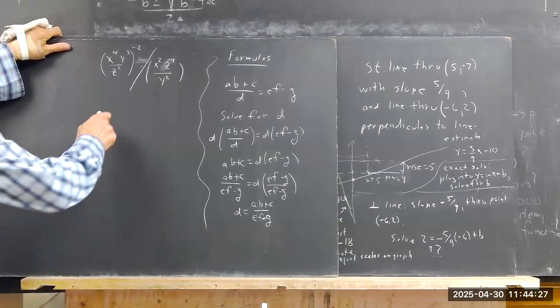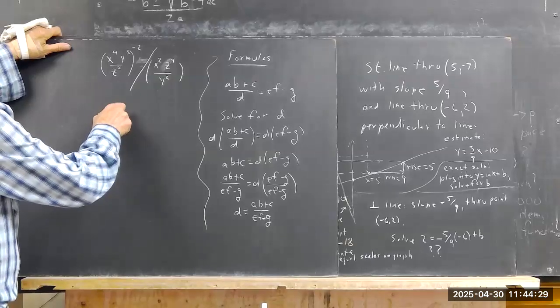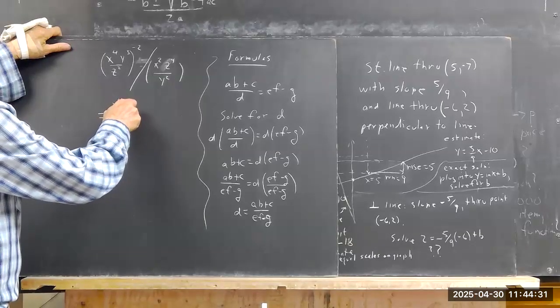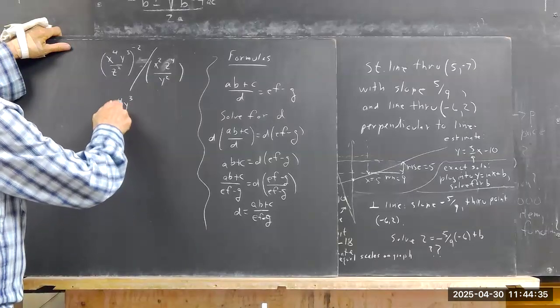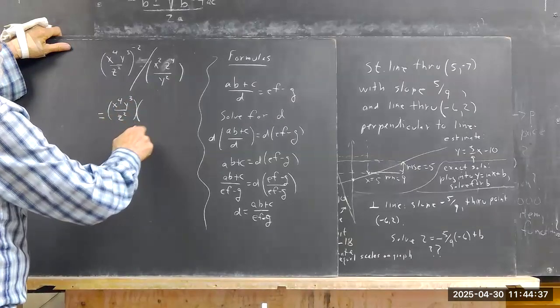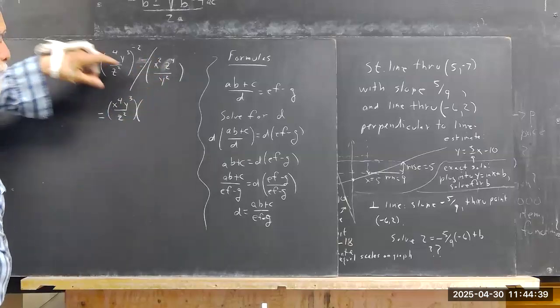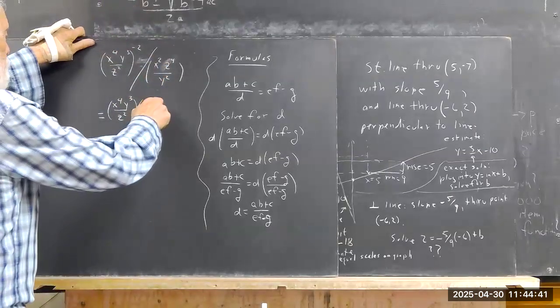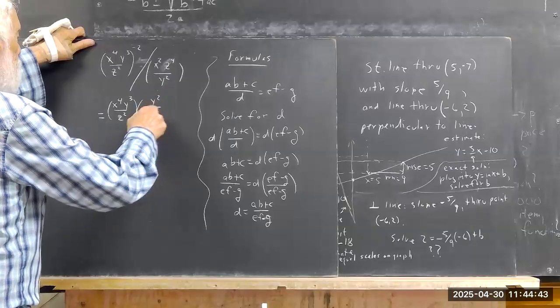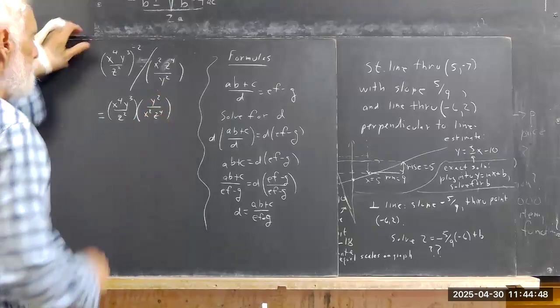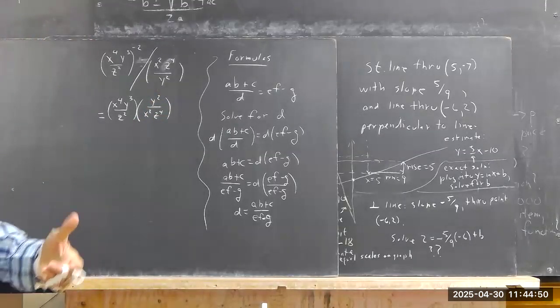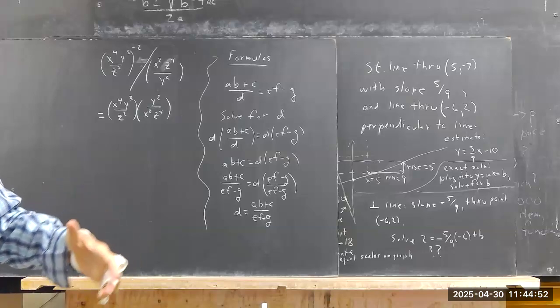Well, that's going to be x to the fourth y cubed over, multiplied by the reciprocal. When you're dividing by a fraction, you multiply by the reciprocal. You understand why I emphasized in the beginning of the course the operations you do with fractions.